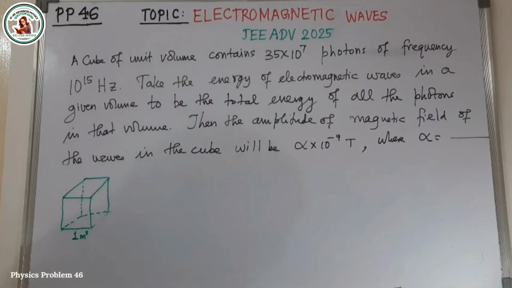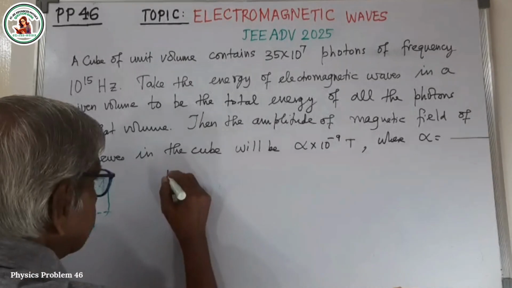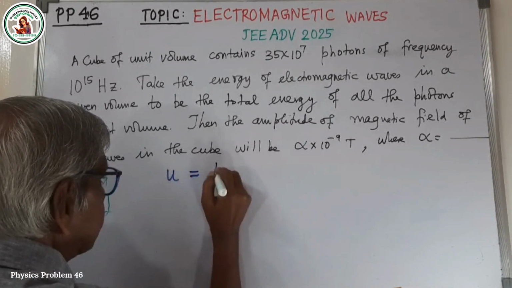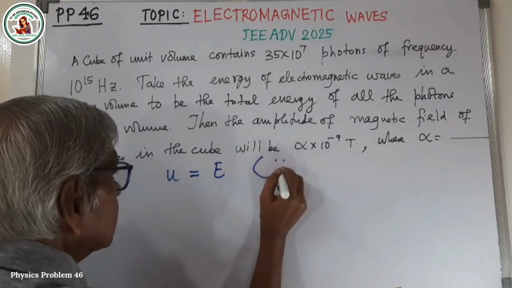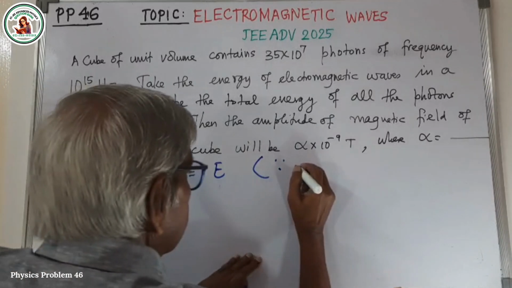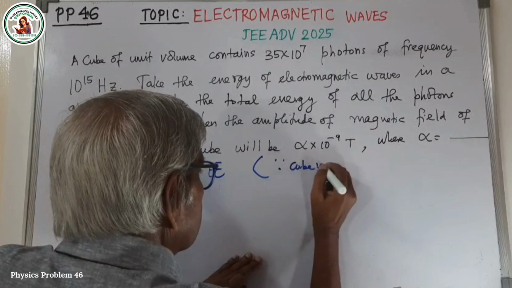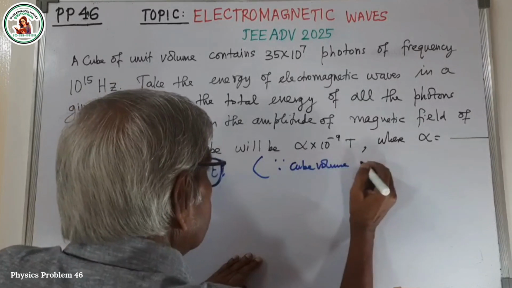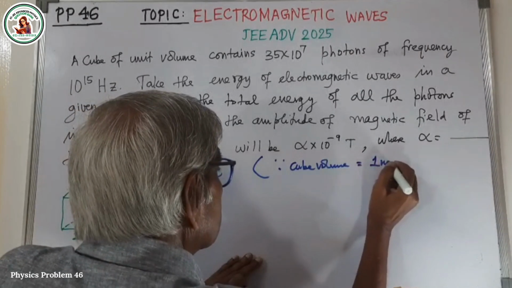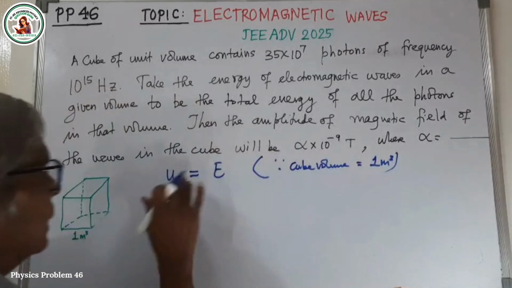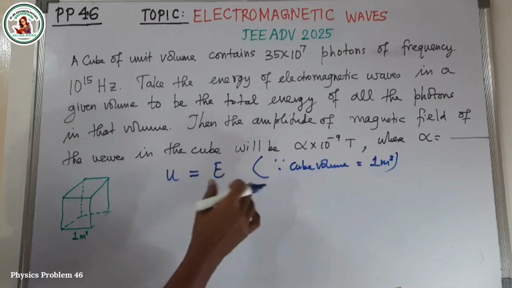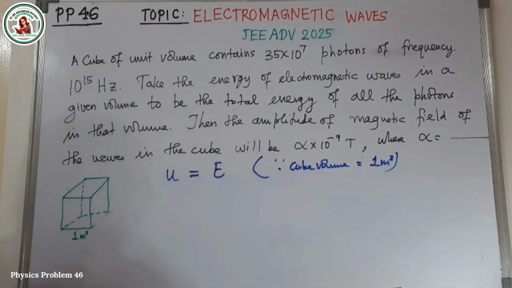Here in this case, what we mark as small u, energy density, is equal to E, since the cube volume is equal to unit volume, 1 meter cube. So that energy we calculated as E is the energy density only.